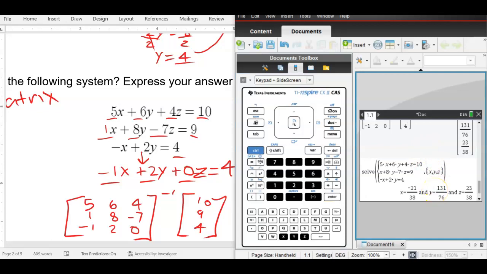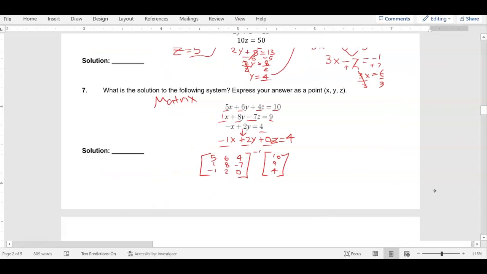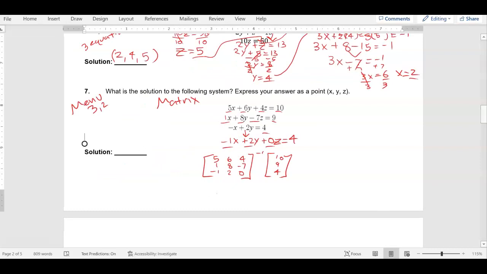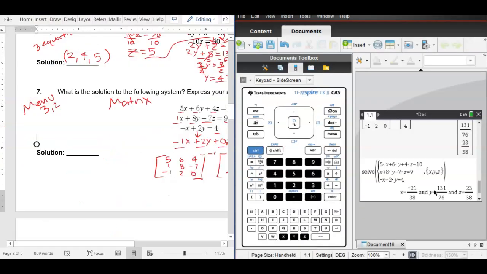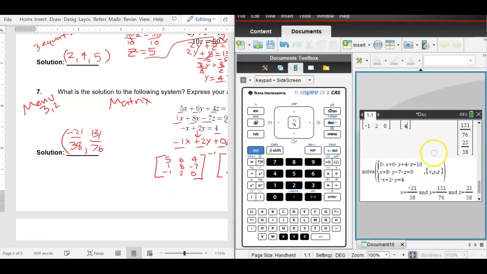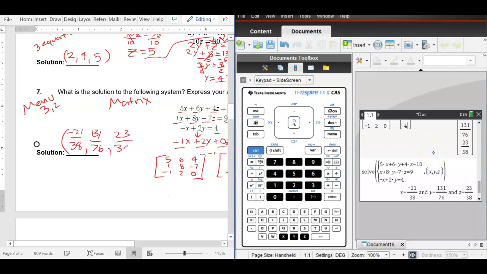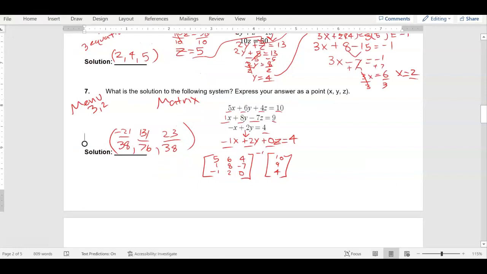Okay, we get the same numbers there, so that's good. Again, ugly, but it is what it is. So however you want to do it, that'll work.